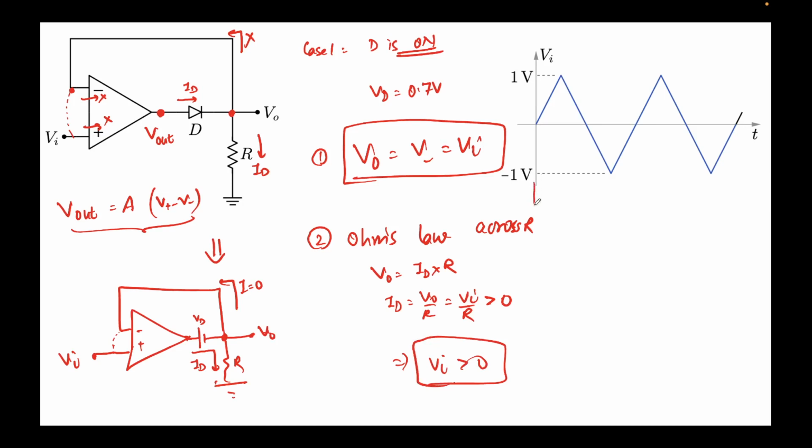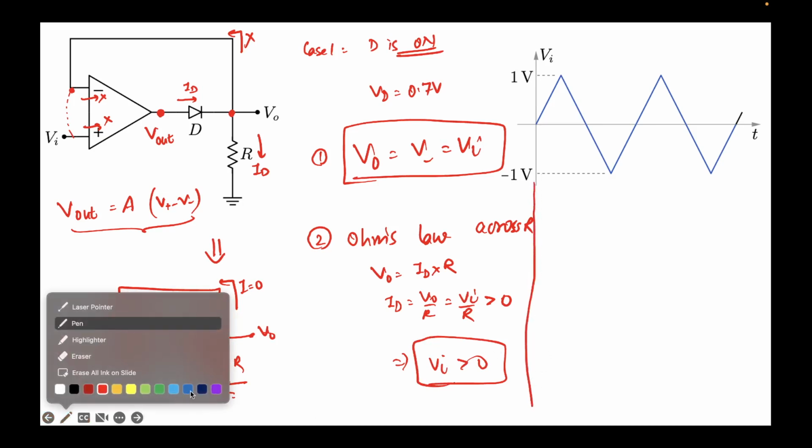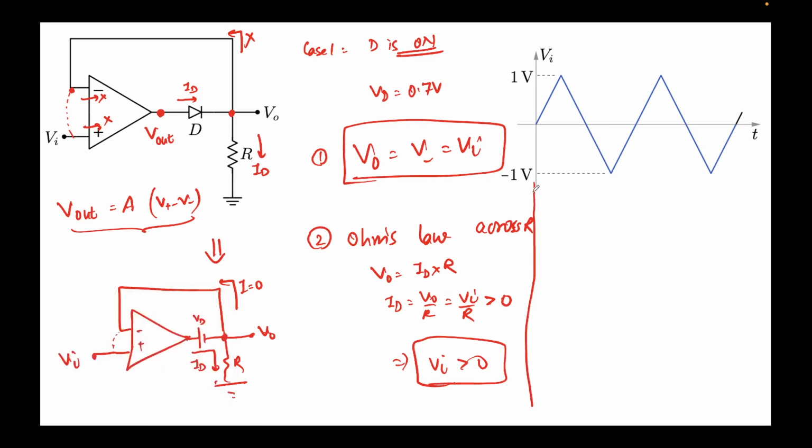So let's see how the output waveform will look. Let's draw with a different color. For VI positive, and only for VI positive, V out should be equal to VI.